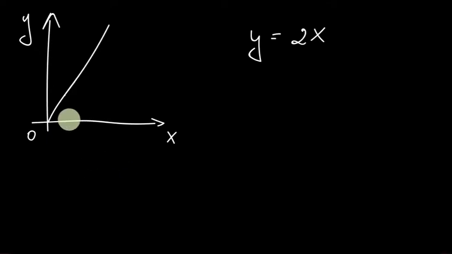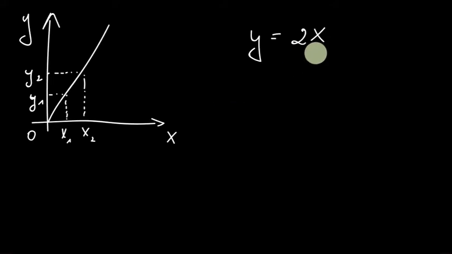In order to calculate a slope, we will take some delta x here, or maybe let's write it like that, x1 here and x2 here, and y1 here and y2 here. And we would calculate our slope.